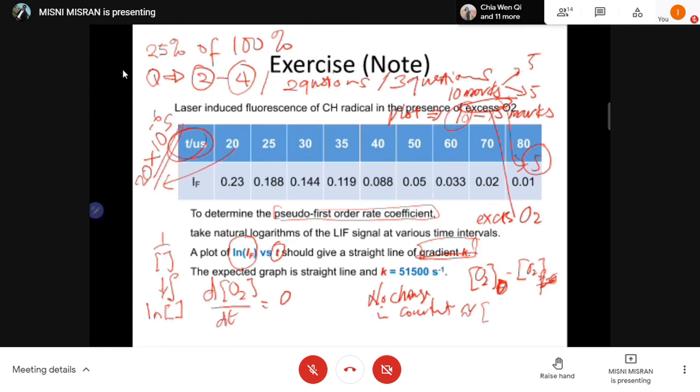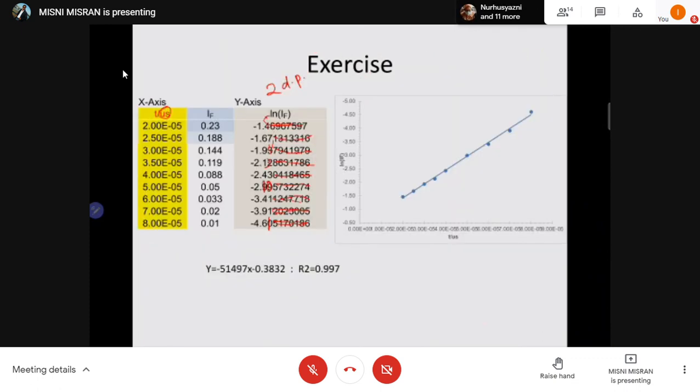Don't forget the unit. When you copy it down, please write 20 times 10 to the minus 6. Otherwise, a lot of students make a silly mistake. This is a very, very common mistake, frustrating if I look at it. Oh my God, this student forgot the unit, right?